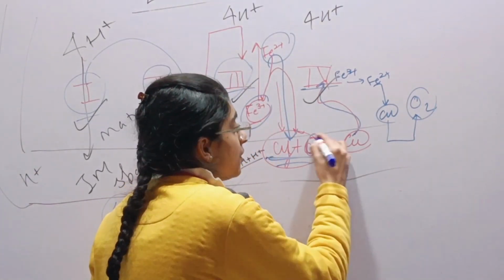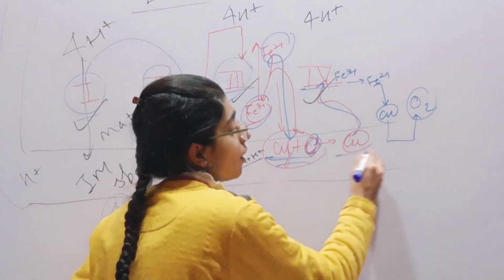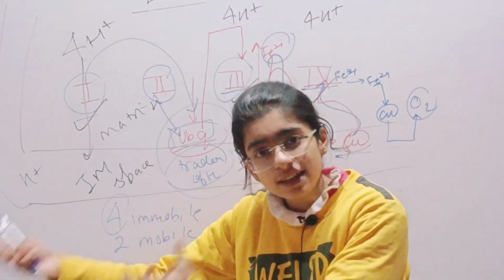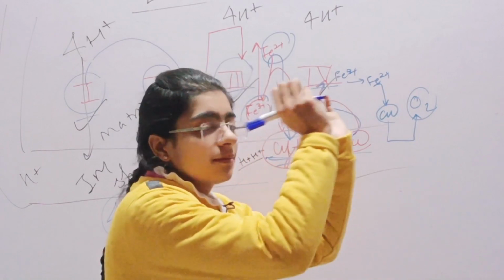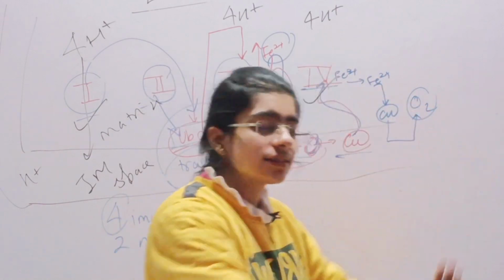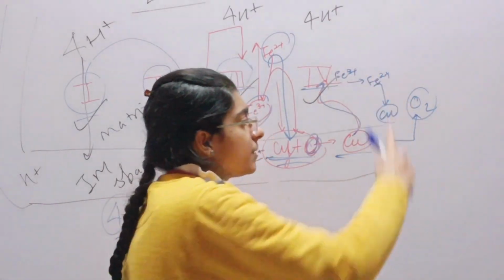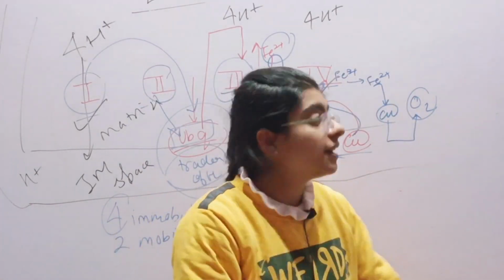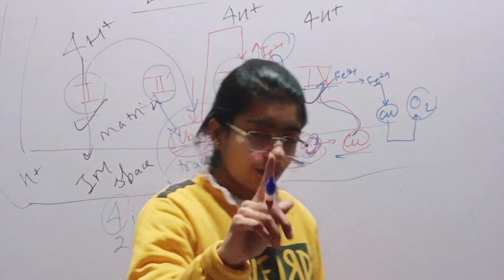Here I told you the C is here, so copper will be there. Copper is the security guard. It will take the electrons, give them to the main owner Fe3 plus, then Fe3 plus to Fe2 plus, then it will give them to the security guard copper again, and copper will give them to the oxygen.